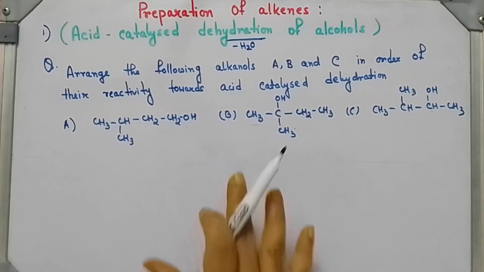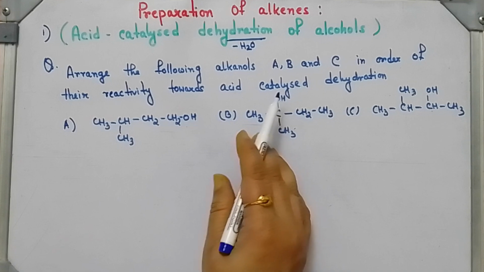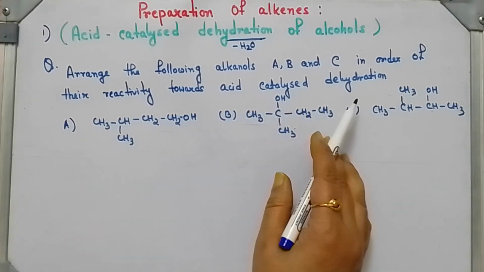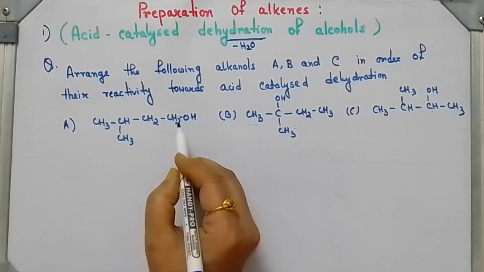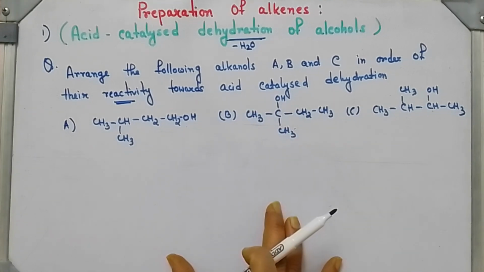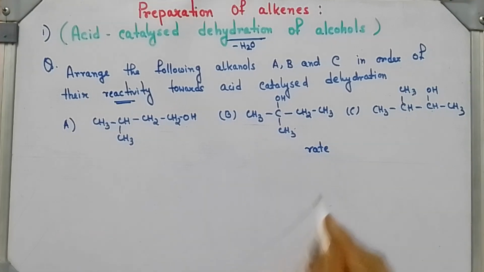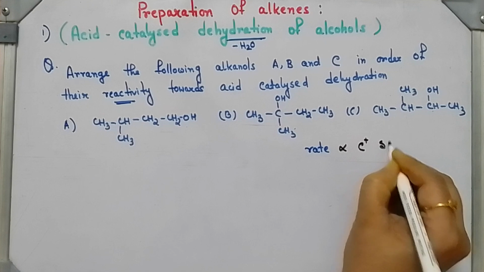Now on this topic we will solve two problems. Arrange the following alkanols A, B, C in order of their reactivity towards acid catalyzed dehydration. Alcohols are given. Now see here, we have to find out the reactivity order for acid catalyzed dehydration. We know the rate of the reaction is proportional to carbocation stability.